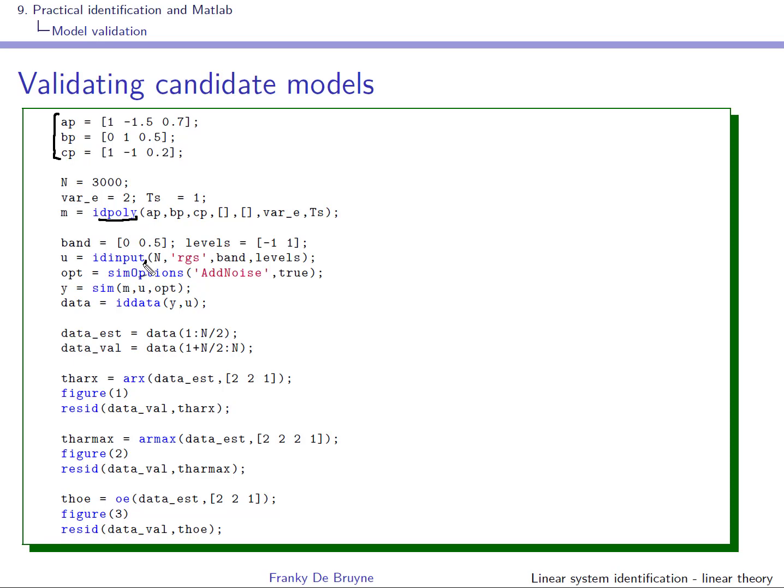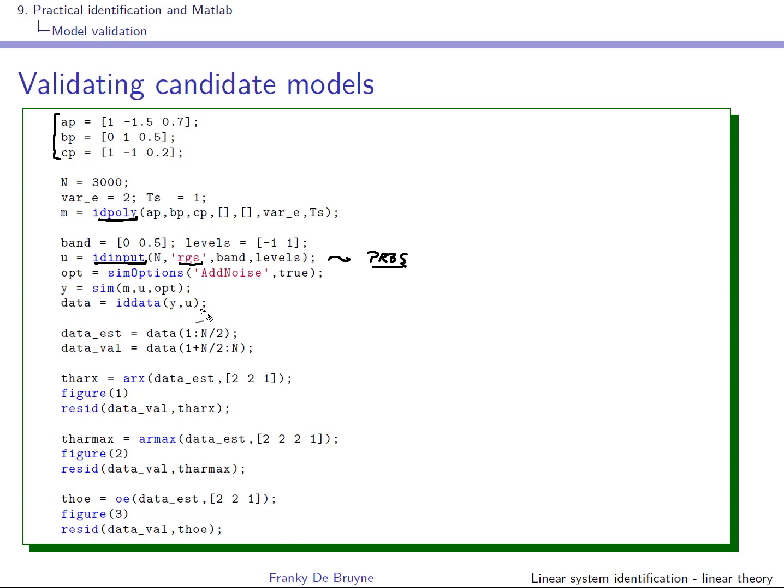I've chosen here to use the command idinput, and this is really an input that is chosen as a random Gaussian noise. I could have used PRBS here. This is a command that you could use later if you want to do experiment design. So be curious and go and have a look. And what is done over here is simulate the output.